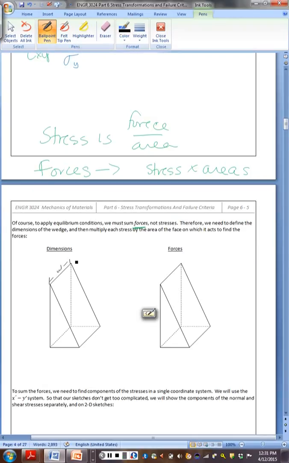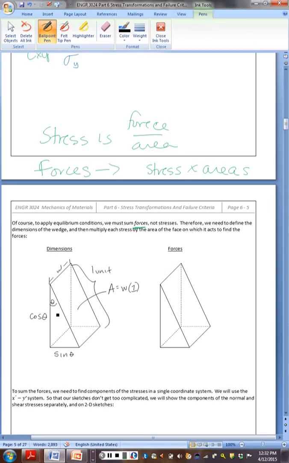This is our width W. We know that this angle is theta, and we know that along the face we're going to call this 1 unit. That's unit length. So we know that the area of this face is our width W times our 1 unit. We know that this side opposite is sine theta. We know that this vertical is our cosine theta.